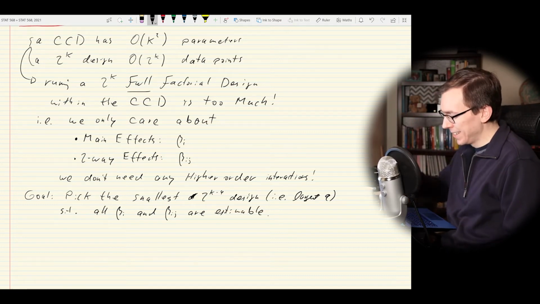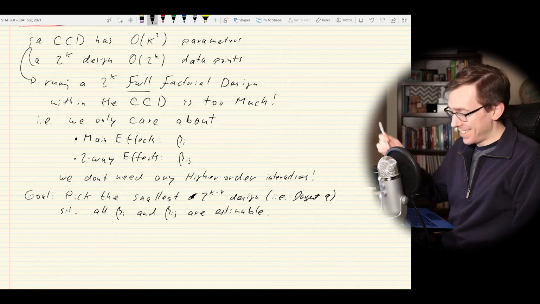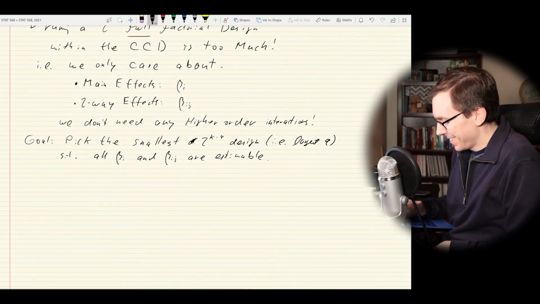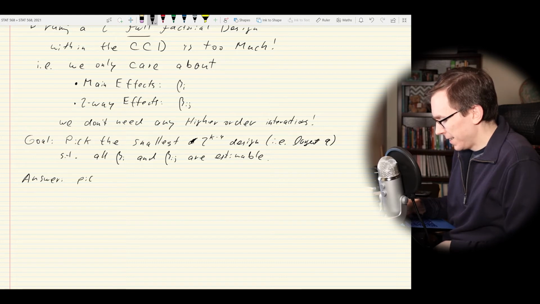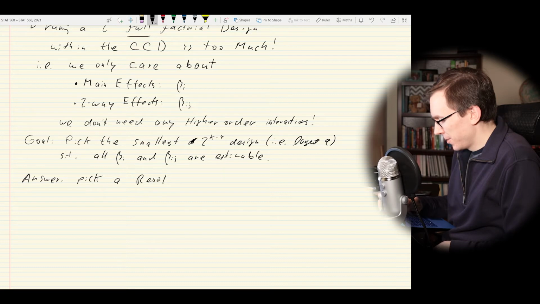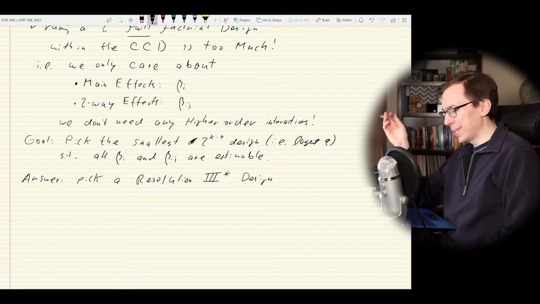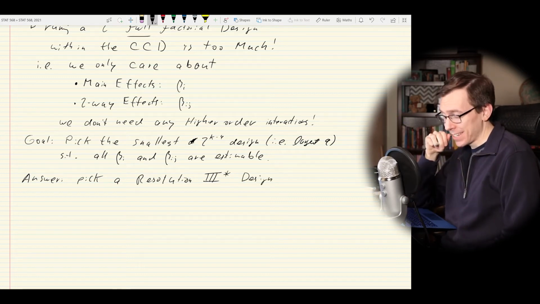So how do we do that? Well, there's an easy answer. The answer is pick a resolution 3-star design. And then the question is, what in the world is a resolution 3-star design?